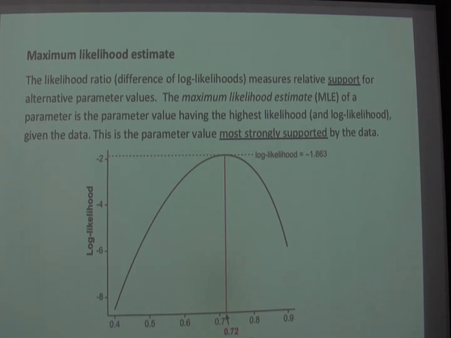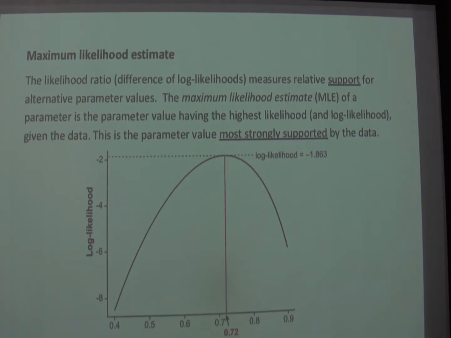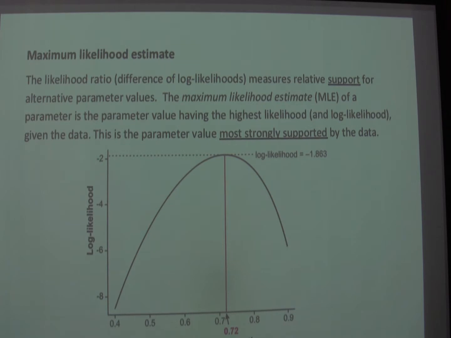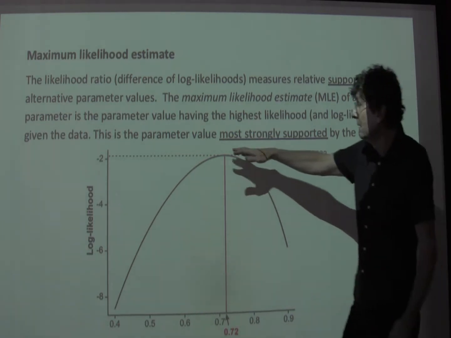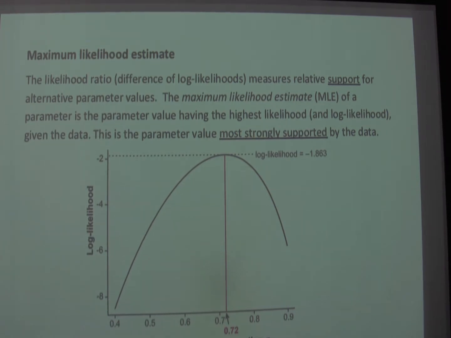The maximum likelihood estimate is the value of P that corresponds to the peak in the likelihood or log likelihood function. And in the likelihood world, we talk about the different log likelihoods for different values of parameters as a measure of how well supported that particular value is.